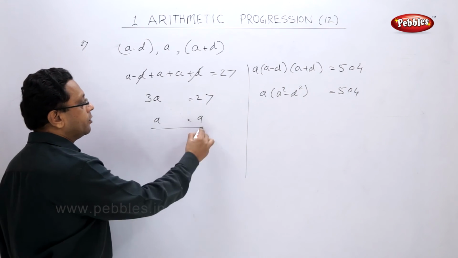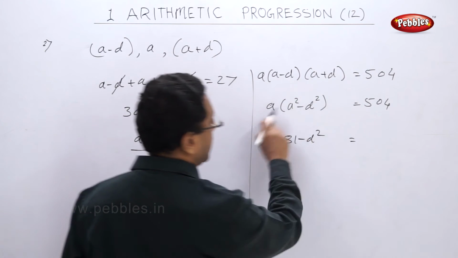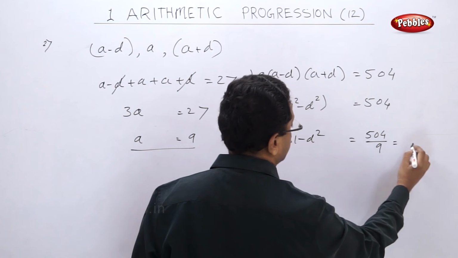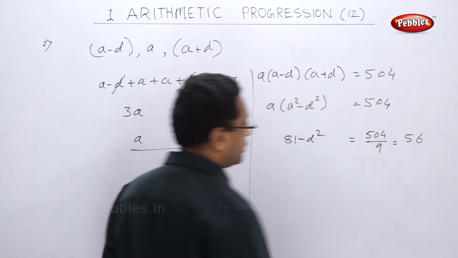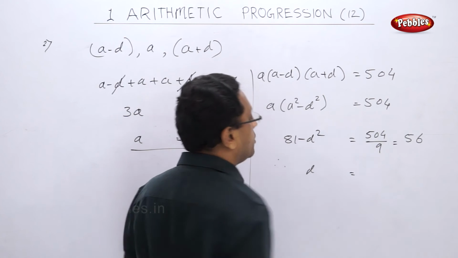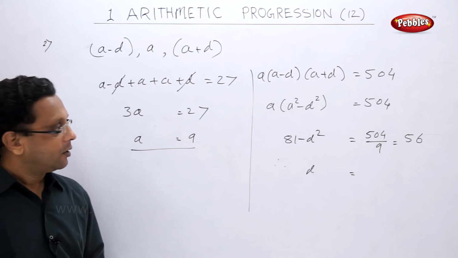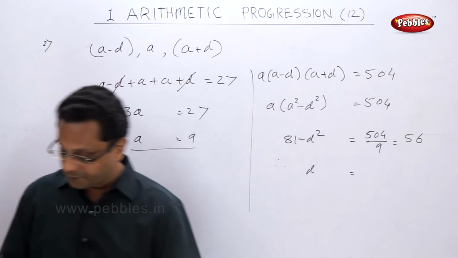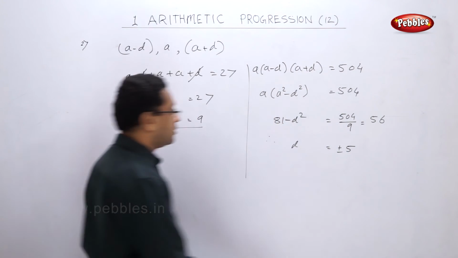Now I can substitute the value of 9 here. 81 minus d square, this 9 will go there, 504 upon 9 is 56. So we have, pause your video and calculate d here. Shift 81 there and find out the d. So d is plus or minus 5.